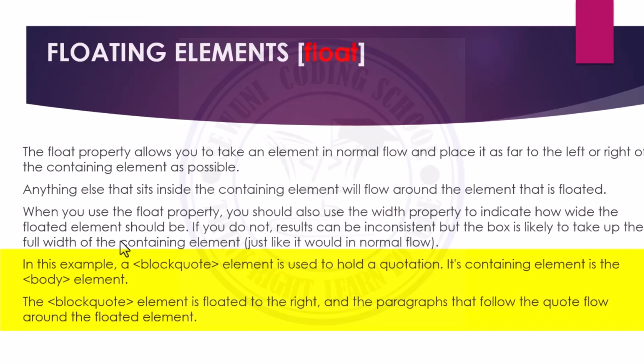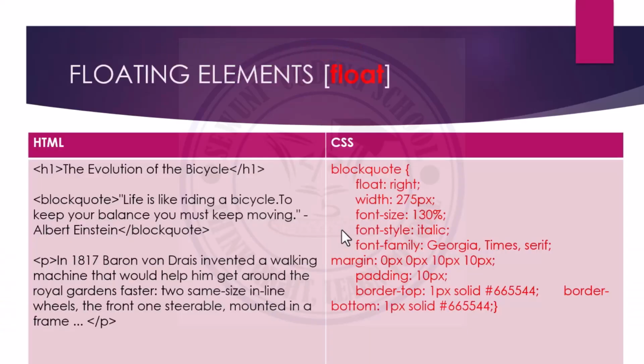The block quote element is now floated to the right, and the paragraphs that follow the quote flow around the floated element. That's the example you see. You see the block quote here, and then the paragraph here, and this is the CSS for the block quote. It has been floated to the right with a width of 275 pixels, font size 130%, and other styling.